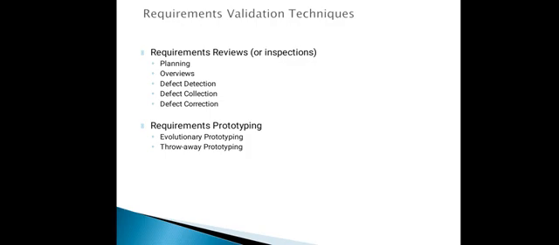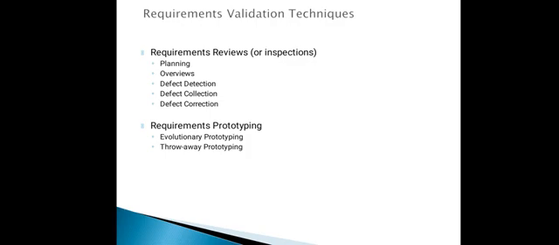Requirement prototyping. In requirement prototyping, a software prototype of a proposed system is designed to understand the requirements according to customer needs. There are two types of requirements prototyping. First is evolutionary prototyping and next is throwaway prototyping.